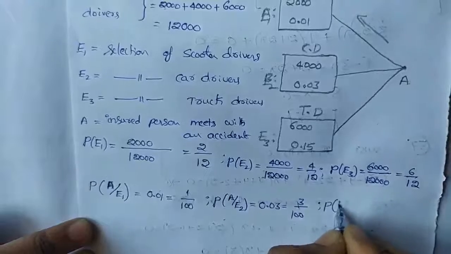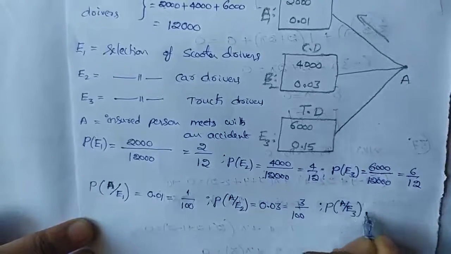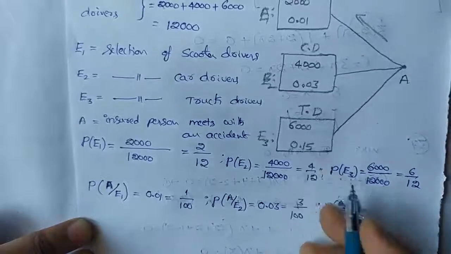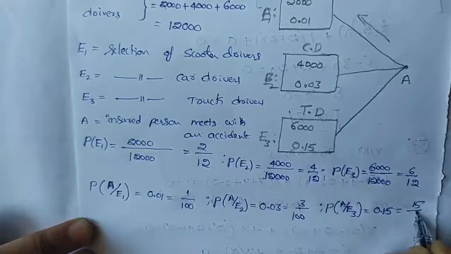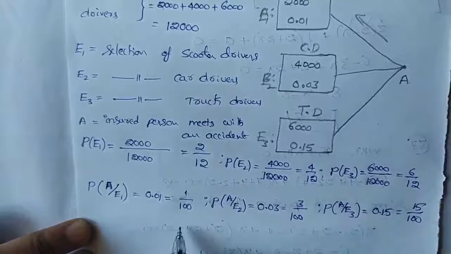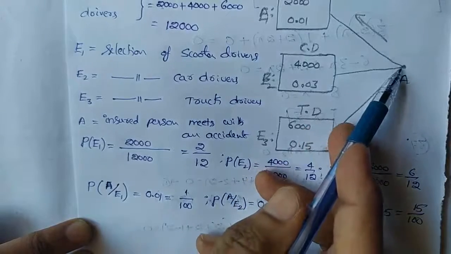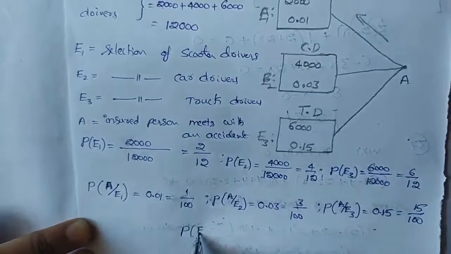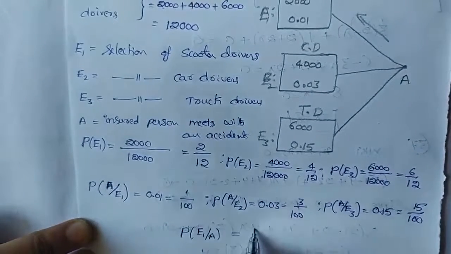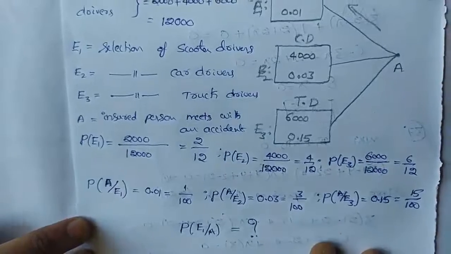Next, P of A by E3 is 0.15, 15 by 100. We have to find P of E1 by A. P of E1 by A equals to question mark.